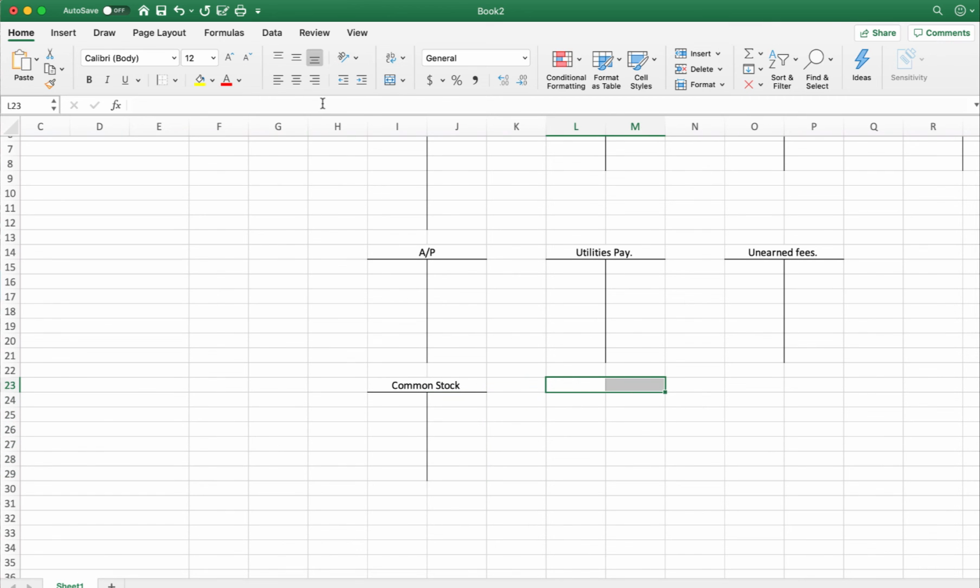Small mom and pop shops, are they going to have a common stock account? Probably not. They're going to have an account called owner's equity, or owner's capital account, in place of common stock. So keep in mind as we go through this, the concepts that we're learning will apply to the individual.